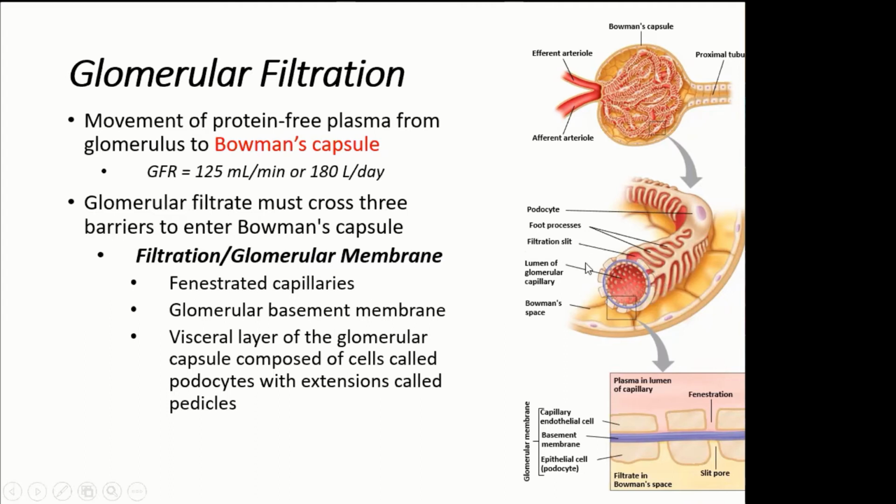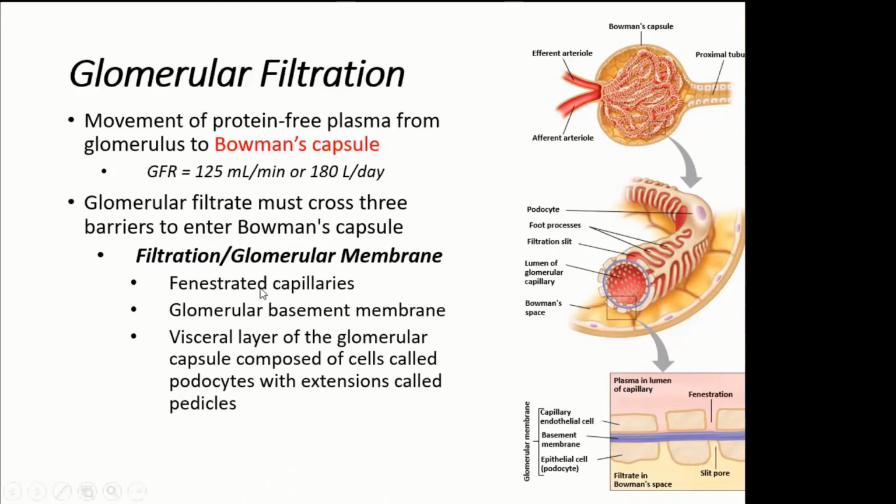So the cells of the glomerulus are basically a capillary, and specifically a fenestrated capillary. So remember that a fenestrated capillary is where we have those endothelial cells kind of spaced out. So there's space between the cells for a lot of stuff to get through. We then have a basement membrane. So cells just sit on a basement membrane to hook them up together.